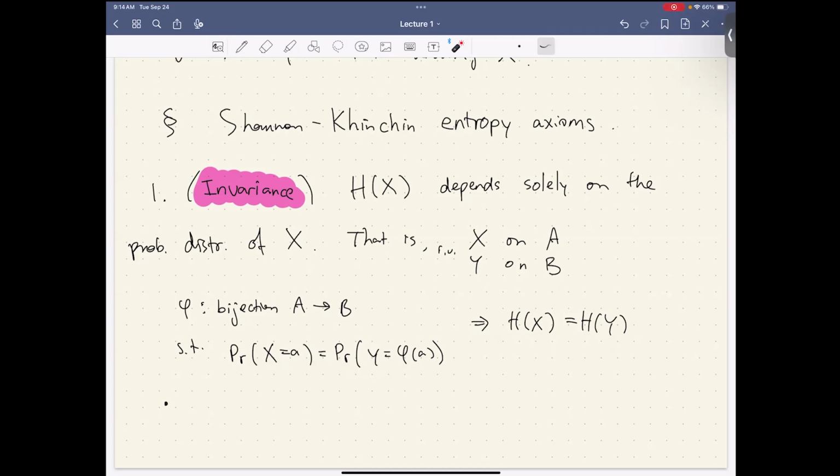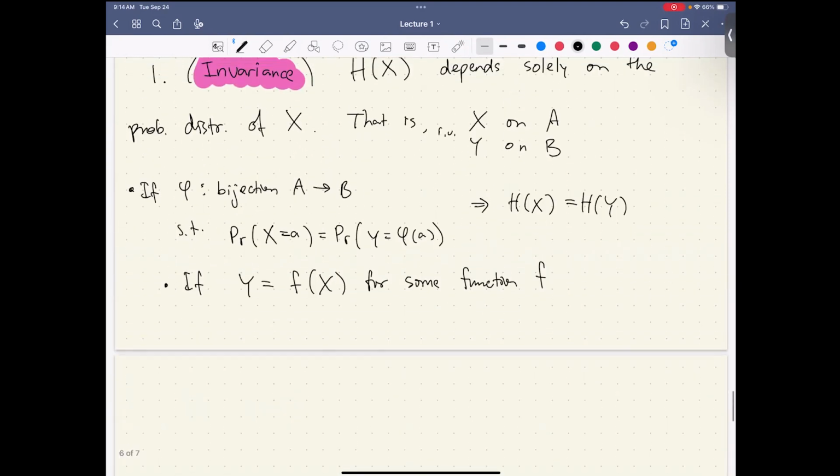Another consequence of invariance is that if we can write y as a function of x, some deterministic function, then their joint entropy equals the entropy of x.